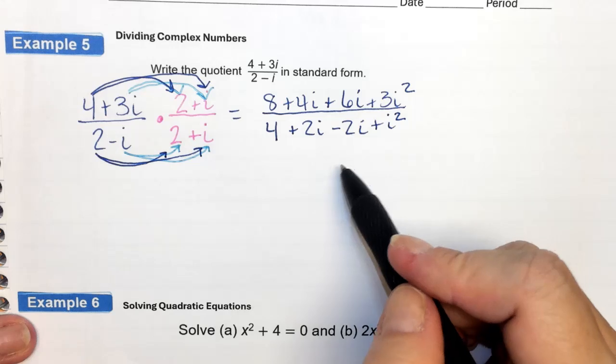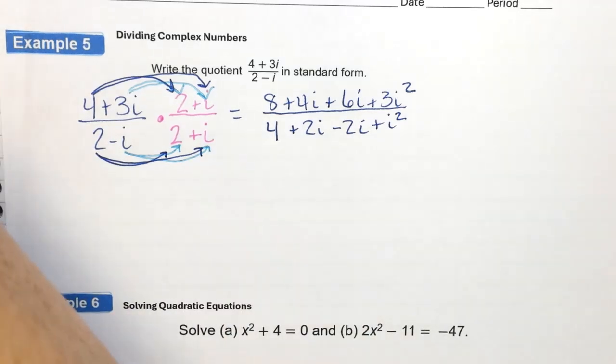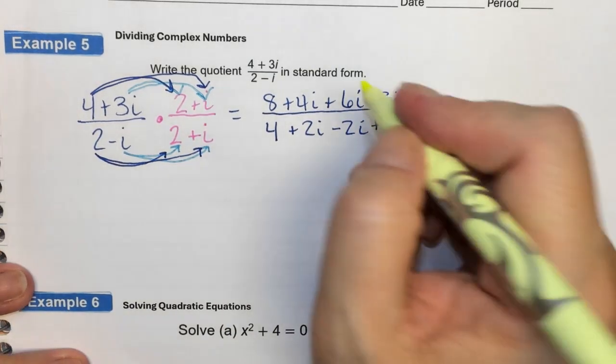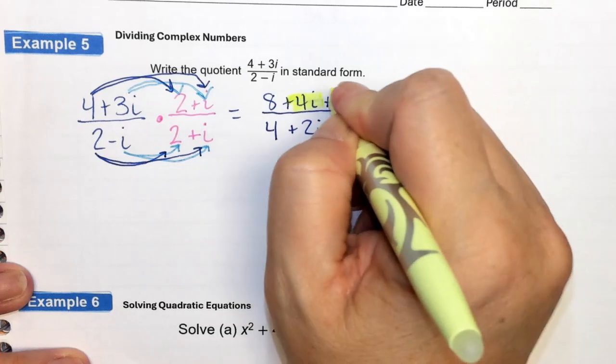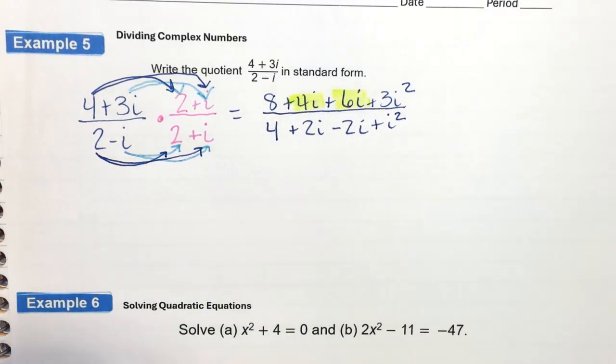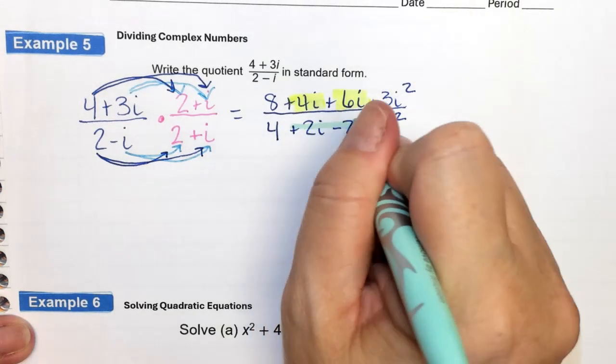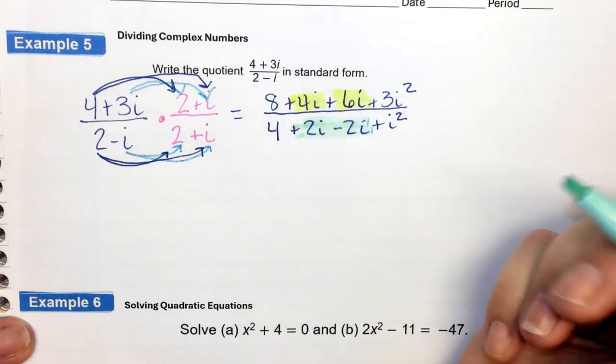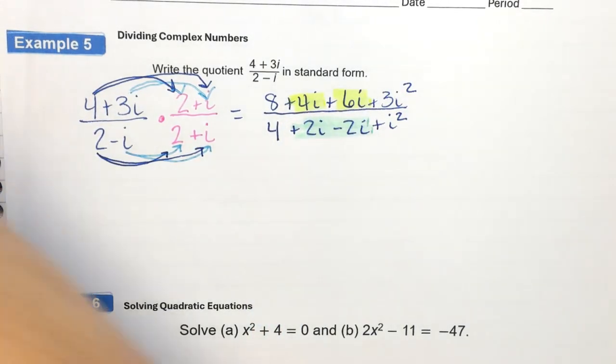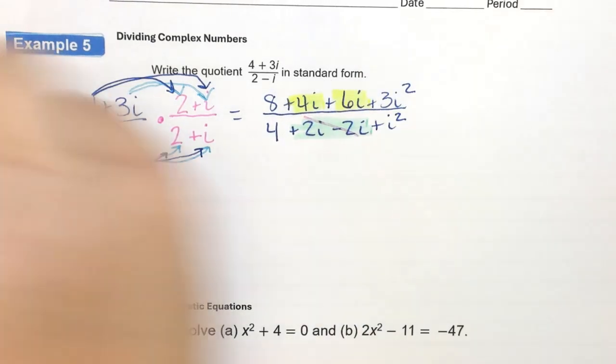So let's work on simplifying. We know that in the numerator, we can combine positive 4i and positive 6i together. In the denominator, we can combine these two together, and they basically equal 0. So if you want to draw a slash through them, you can.